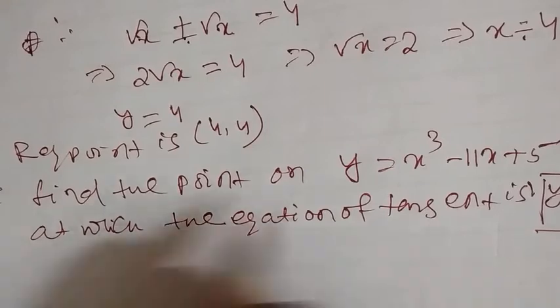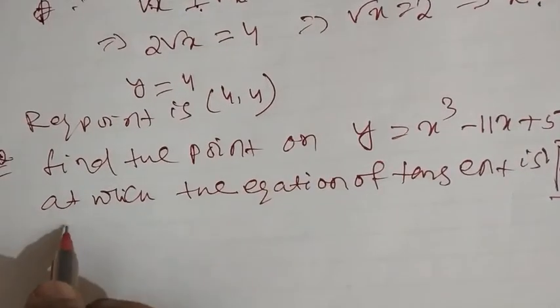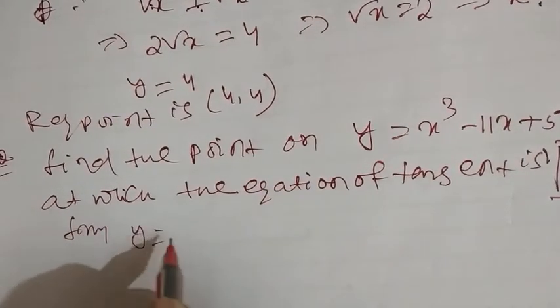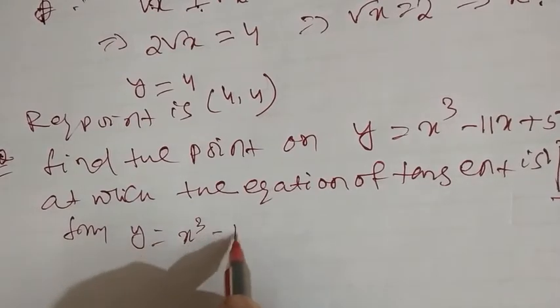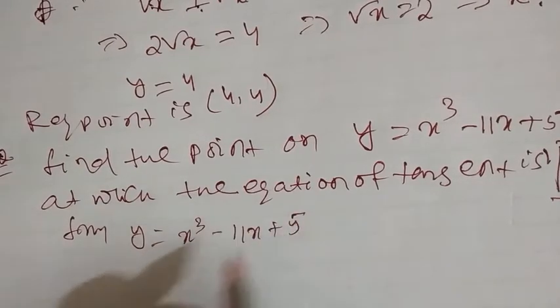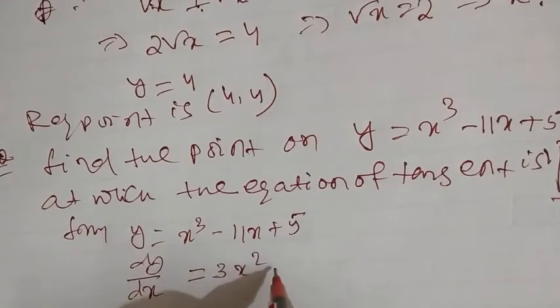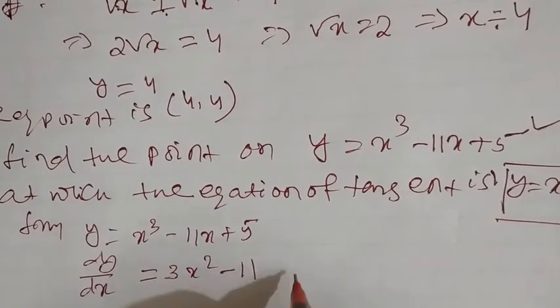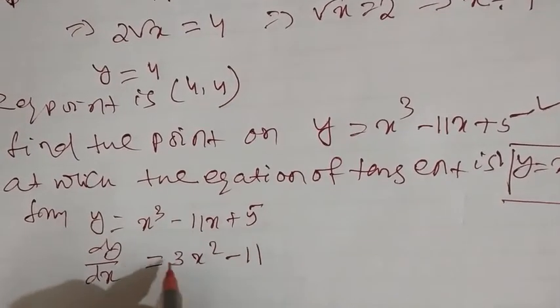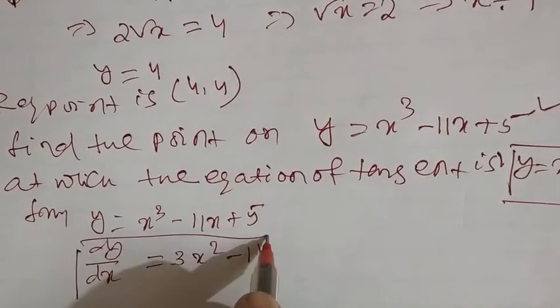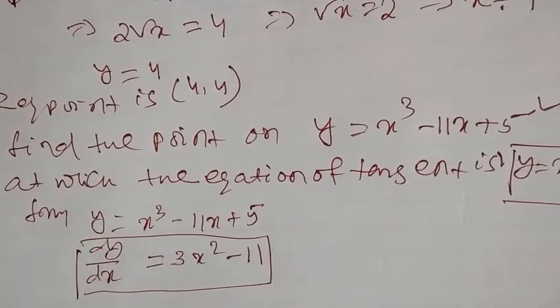तो what is slope of the tangent from the equation? From y equal to x cube minus 11x plus 5, dy by dx is 3x square minus 11. And what is this? This is slope of the tangent at any point xy.